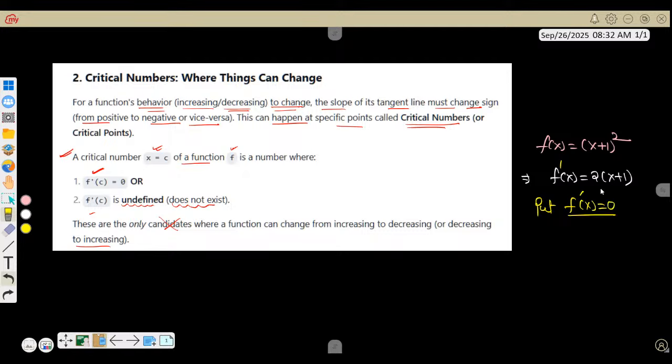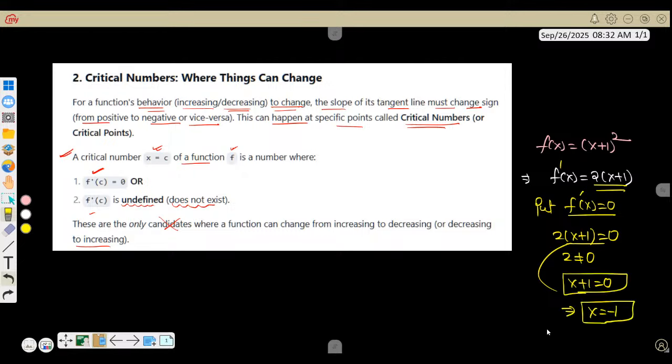Then 2 times x plus 1 becomes 0. 2 cannot be 0, so x plus 1 equals 0. If x plus 1 equals 0, this implies x is equal to negative 1. So this is the critical point, where our function changes its behavior.